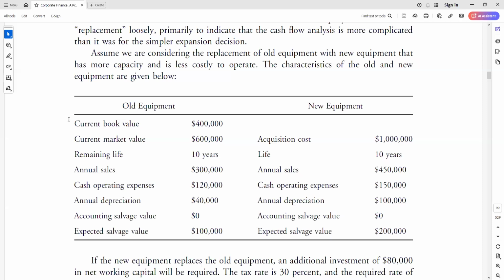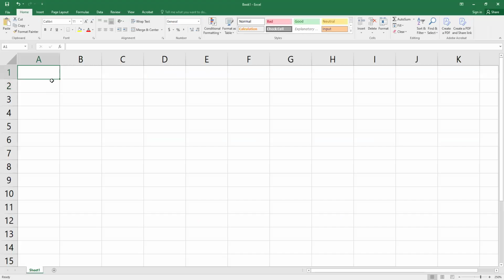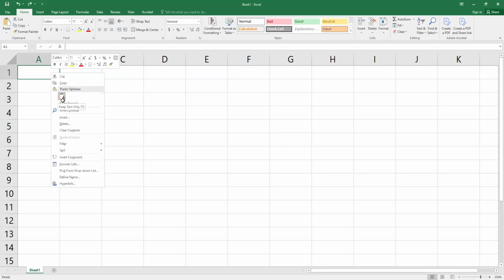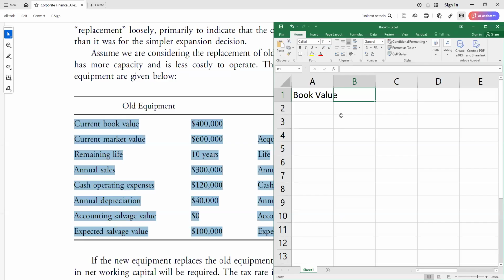So I will copy all. Hope it works. No, it doesn't look like this. So one by one. Book value. Let me make it like this. Yeah. Book value is 400.